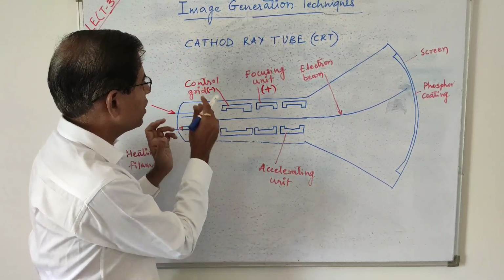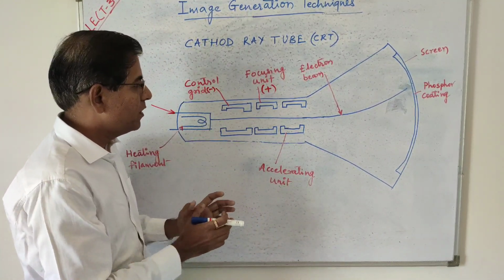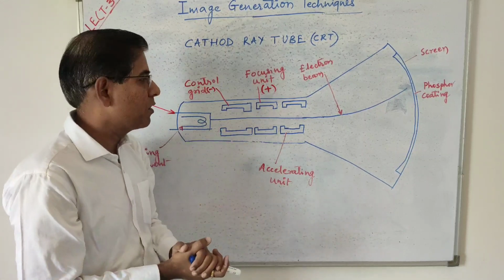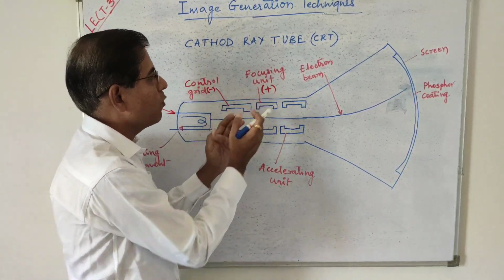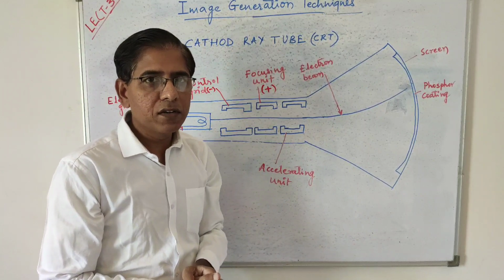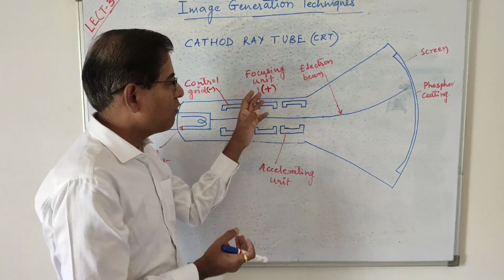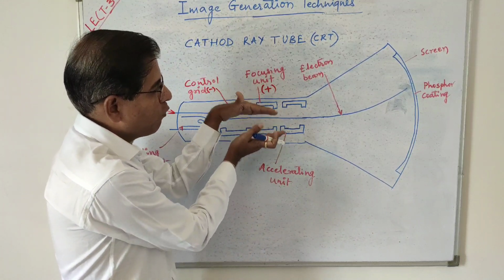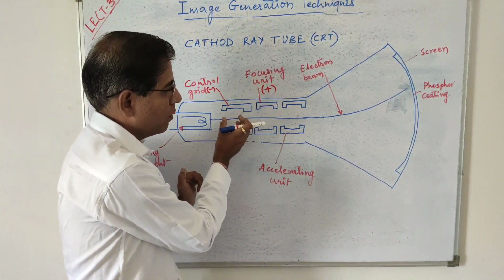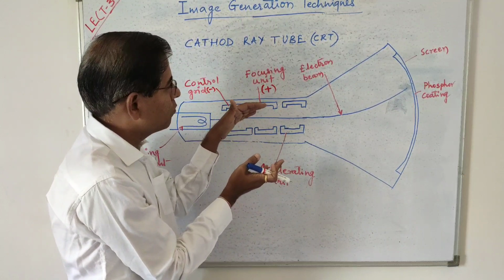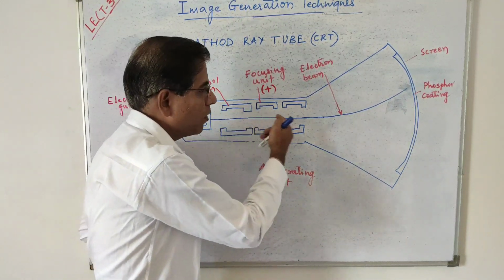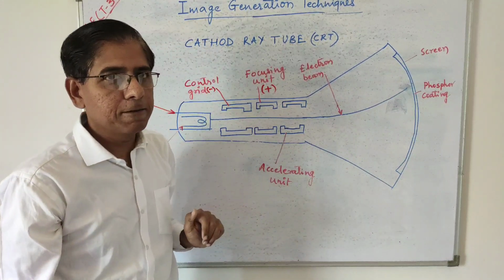So the basic function of this control grid is to control the amount of electrons coming out from the electron gun. Now next is the focusing unit. The function of the focusing unit is to control the path of the electron beam which is passing.